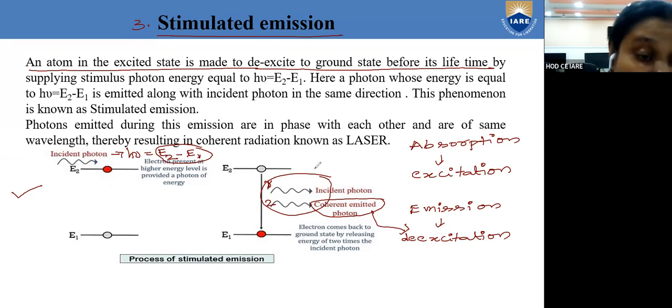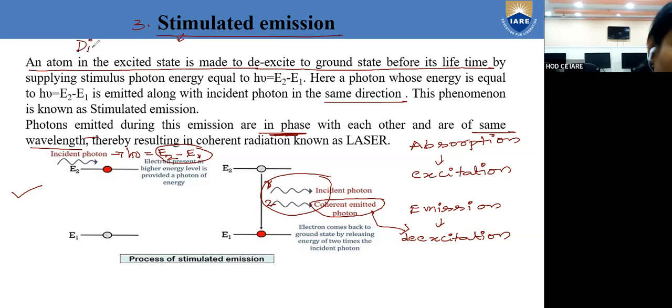So you'll observe that the number of photons emitted during stimulated emission is larger, and they will be in phase with each other. All these photons will be in phase with each other. They will have the same wavelength, and they will be moving in the same direction. So what type of light will we get because of stimulated emission? We are going to get directional light, and monochromatic, because all of them have a single wavelength.